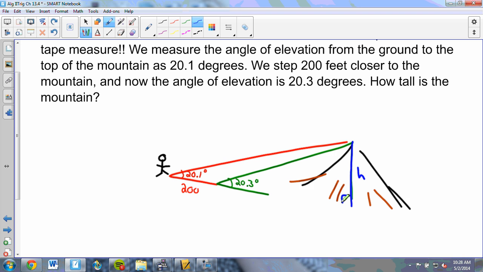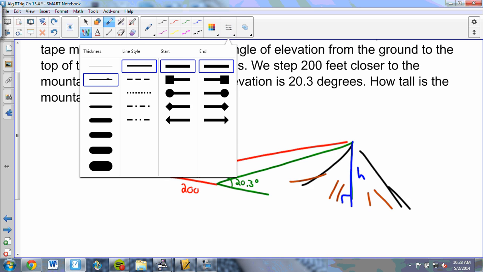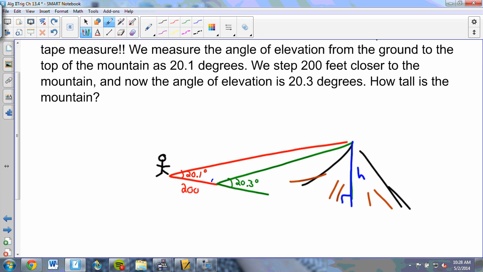So like the line from the red to the green, we can figure out what that other angle is. We can. What is it? 180 minus 20.3. That little bit in there is 180 minus 20.3, so it's 159.7. Okay, how does that help me?